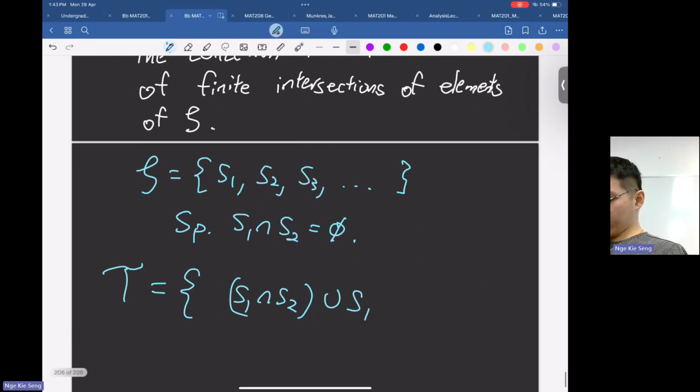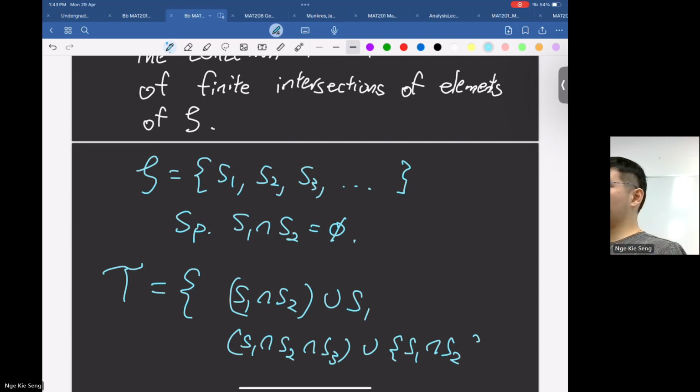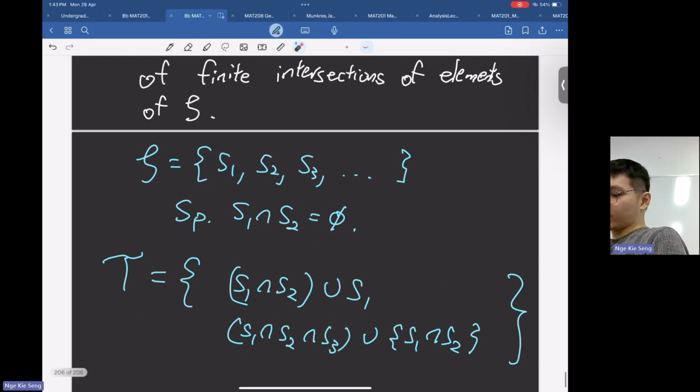Also you can take X1 intersect X2, X1 intersect X3, union X1 intersect S2, right? And all possibilities, as long as your intersection is finite, the union is arbitrary. So if you union with some empty set, it doesn't contribute to the union.